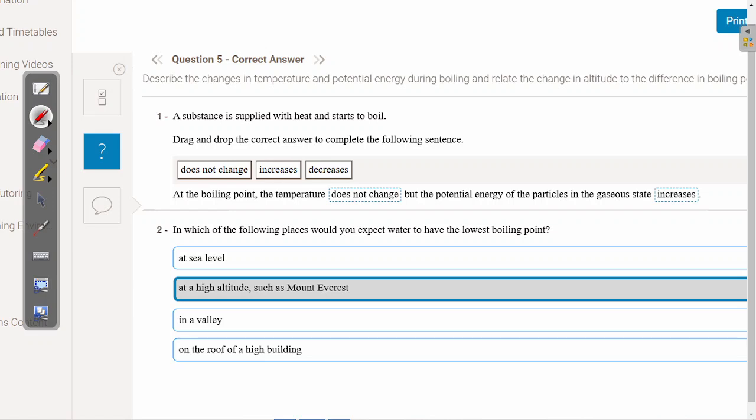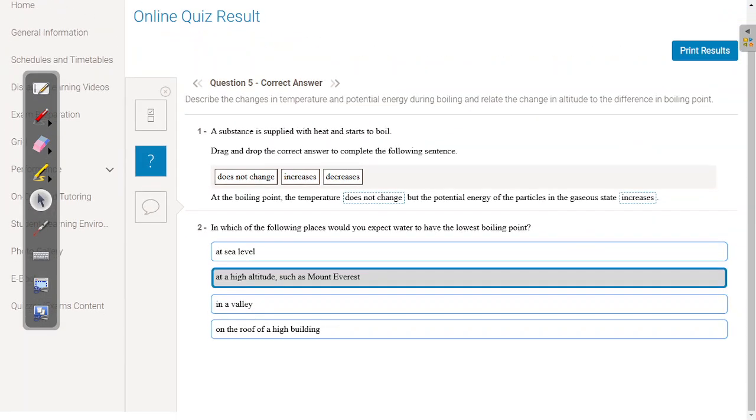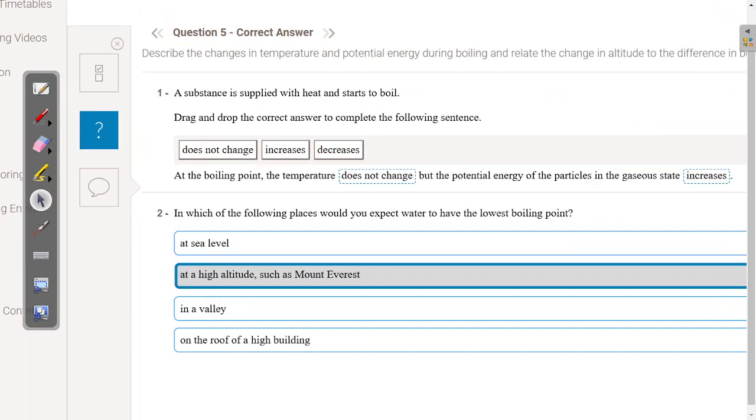Okay. In which of the following places would you expect water to have the lowest boiling point? When you go to a high altitude, it will be a very low pressure. And when you have low pressure, you will have a low boiling point.